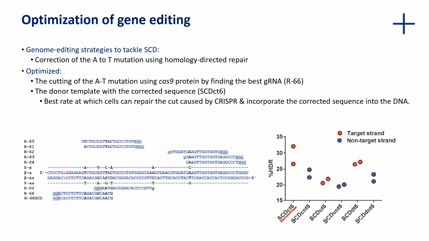Then they selected the best single-stranded oligonucleotide template, and on the right you can see a graph showing the percentage homology-directed repair, and then on the bottom on the x-axis you can see the different single-stranded oligonucleotide templates, and underlined in red was the best one for this particular approach, giving the highest frequency of homology-directed repair.